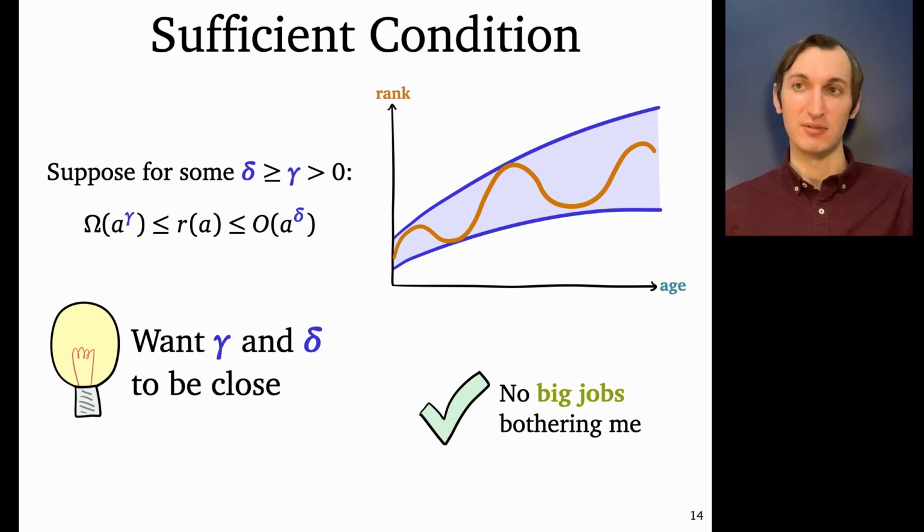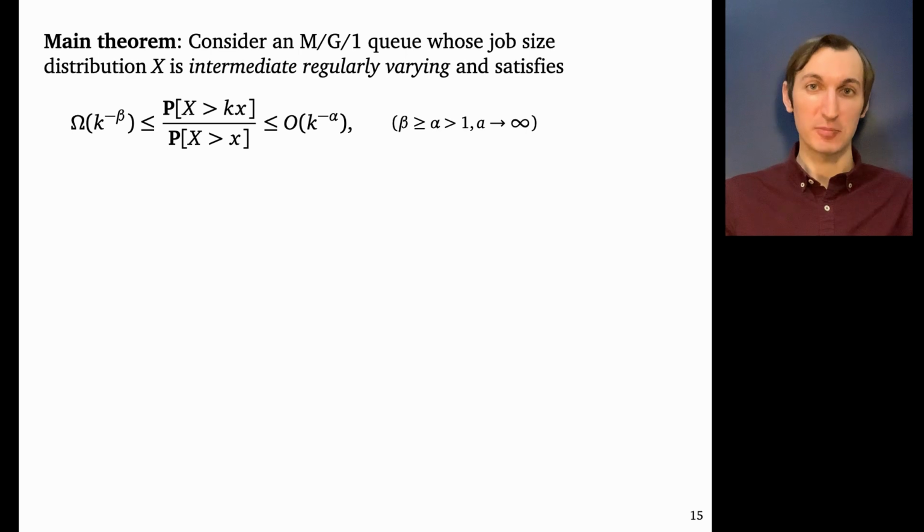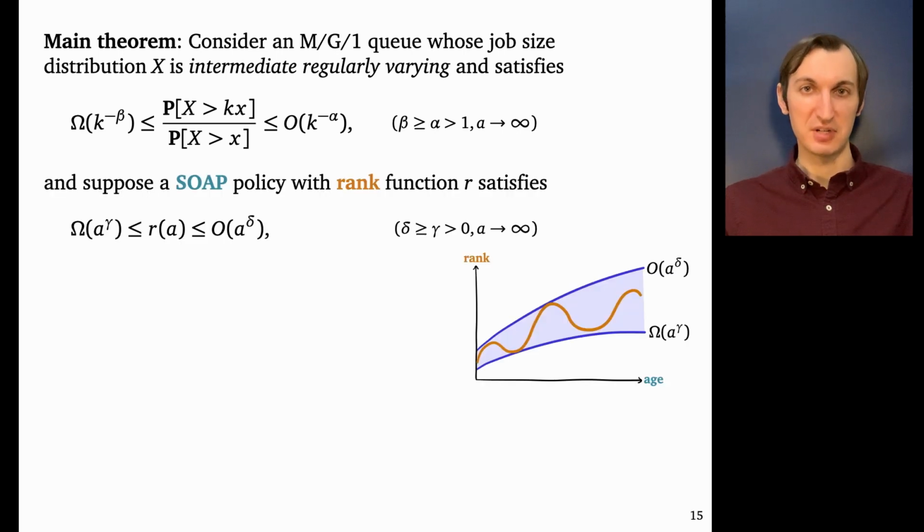So let's suppose we've got an M/G/1 with a heavy tail job size distribution, specifically intermediately regularly varying. And let's say we're scheduling using a SOAP policy whose rank function is stuck inside one of these cones, bounded between a to the gamma and a to the delta, where both gamma and delta are positive. So we've got this increasing cone.